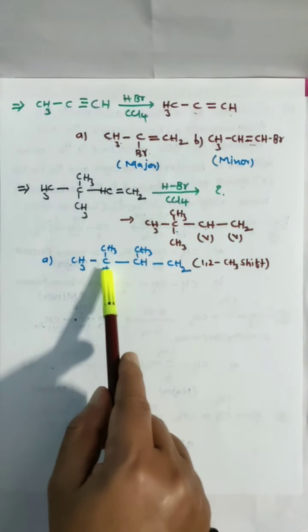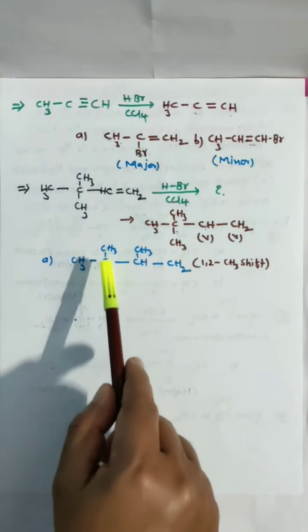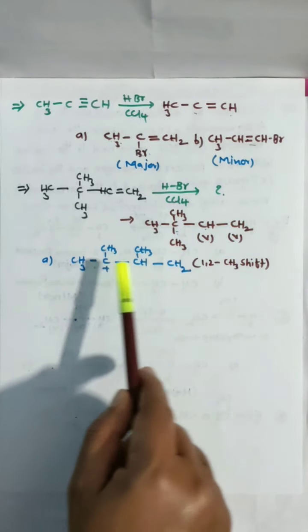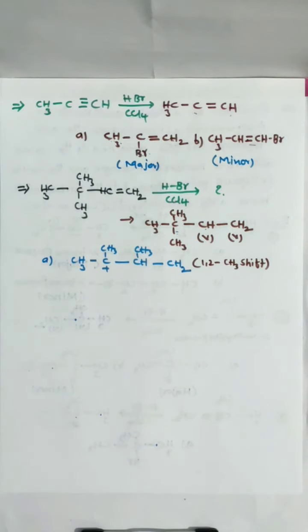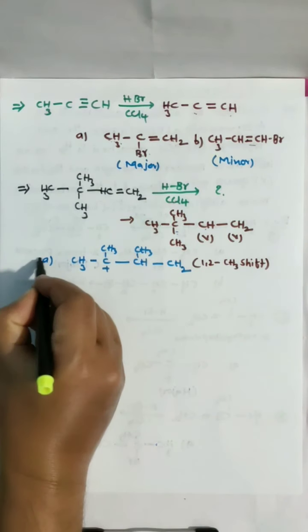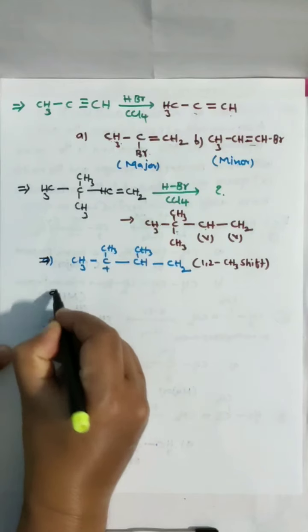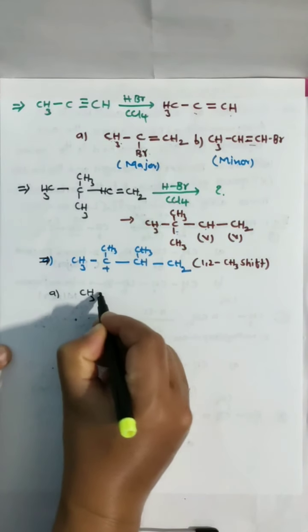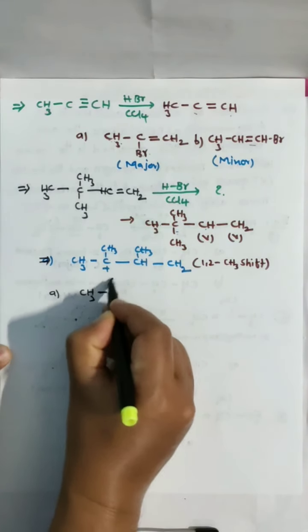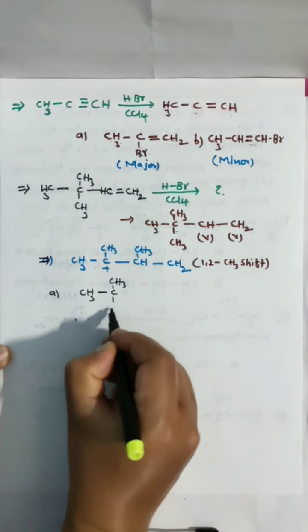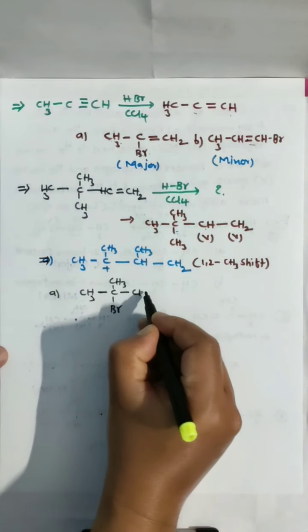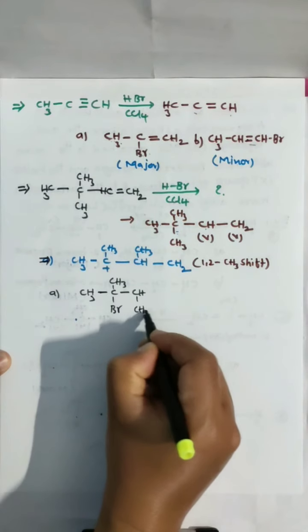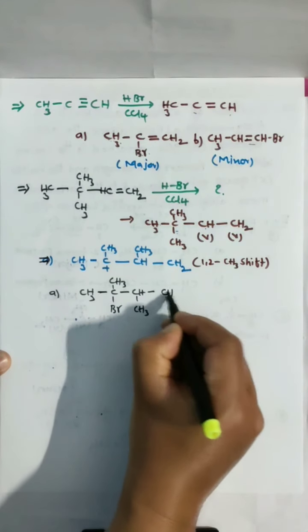Now we have the vacancy here. Now bromine can attack here or here. Hydrogen can attack here or here. Then two products you are getting. Product 1: CH3 bond C, CH3, bromine attacks here, bond C, bond CH and CH3 bond CH3.